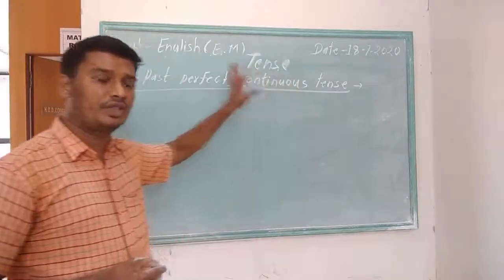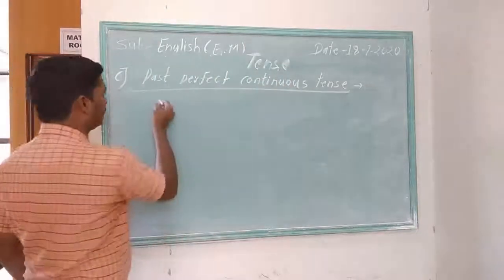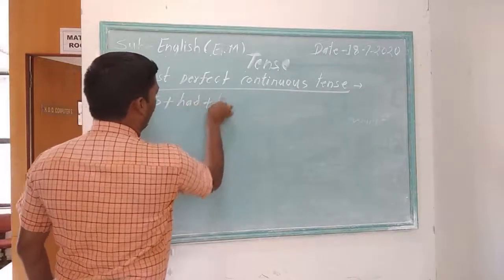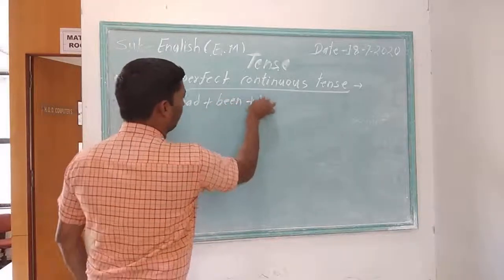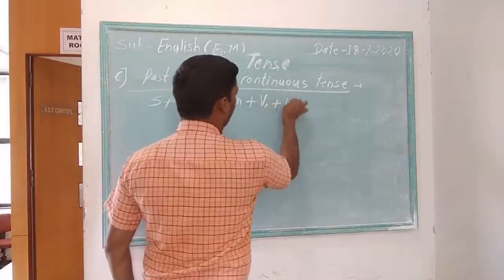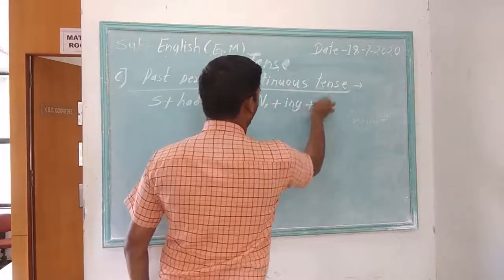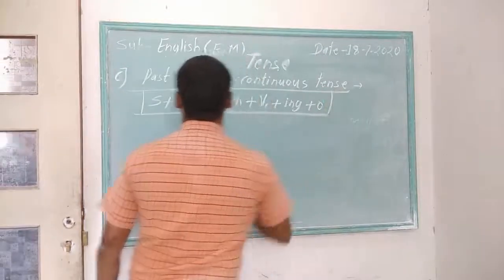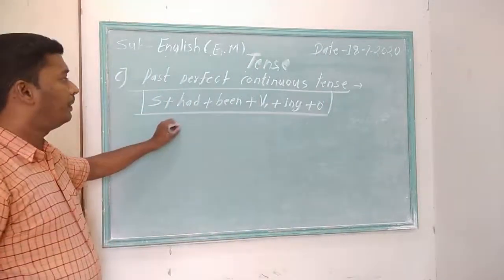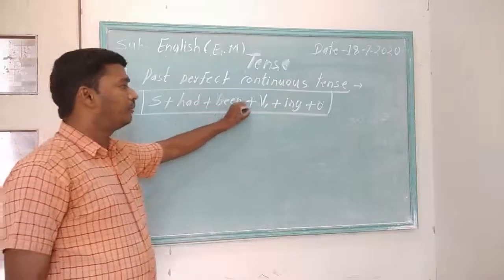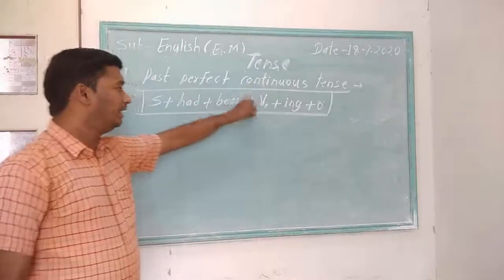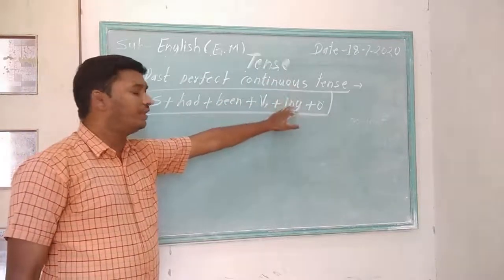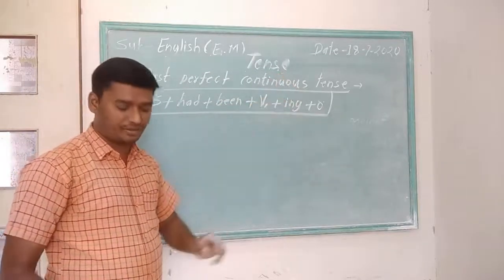Look, the structure of this tense: yes plus had plus been plus V1 plus ing plus O. In this structure, been indicates perfect tense and ing indicates continuous tense.